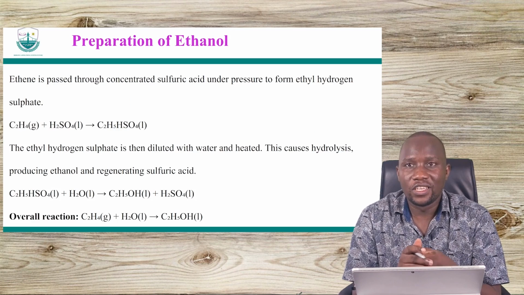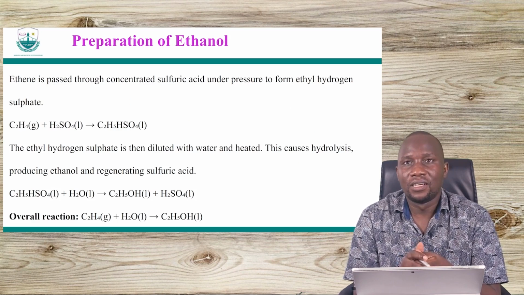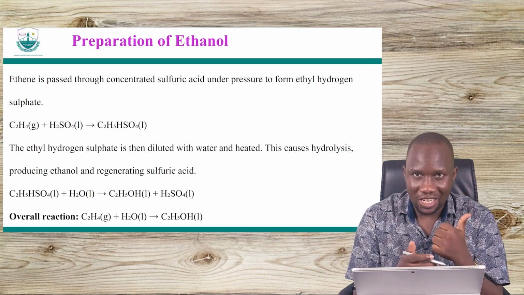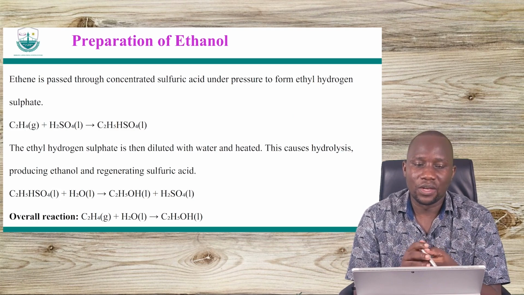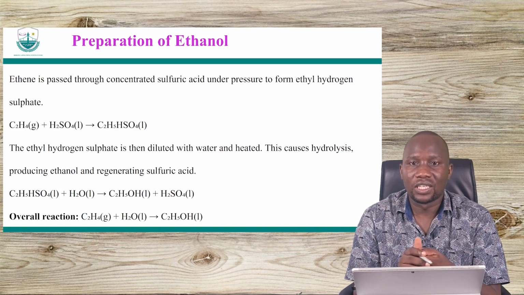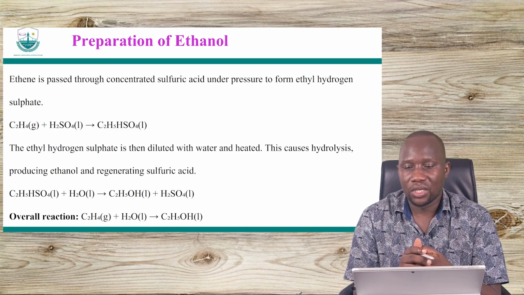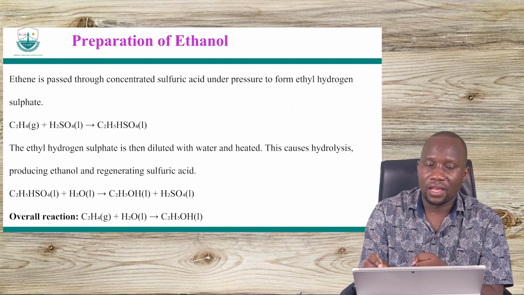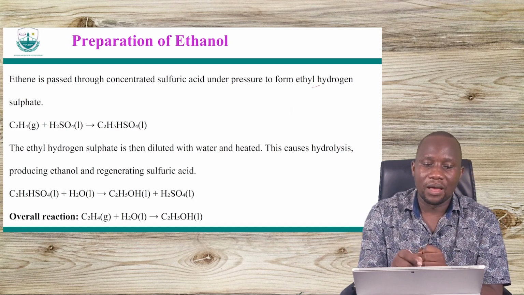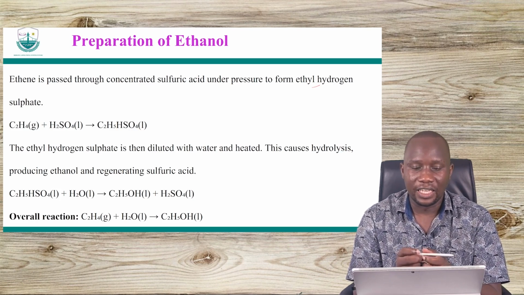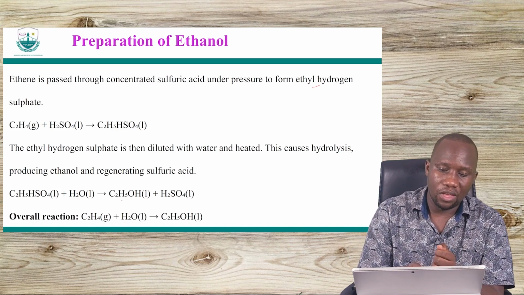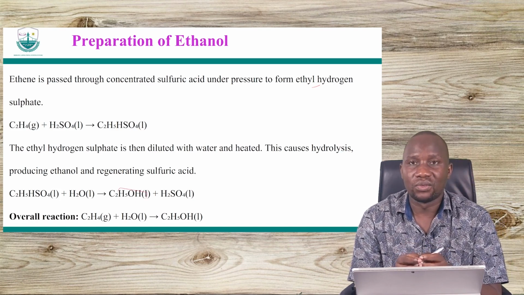There are 2 ways in which this ethanol can be prepared. The one I've just outlined in the village, and then this way where we make it by passing ethene through concentrated sulfuric acid under pressure to form what we call ethyl hydrogen sulfate, and then you dilute that with water and heat, and then you get your ethanol here and the sulfuric acid being regenerated.